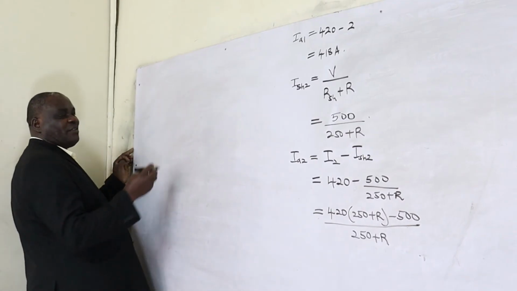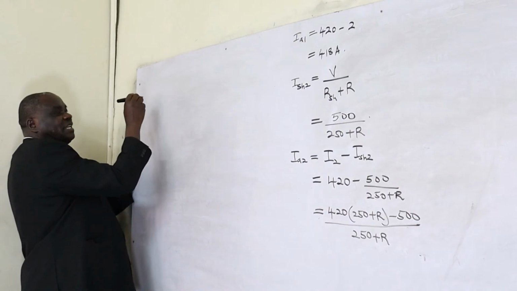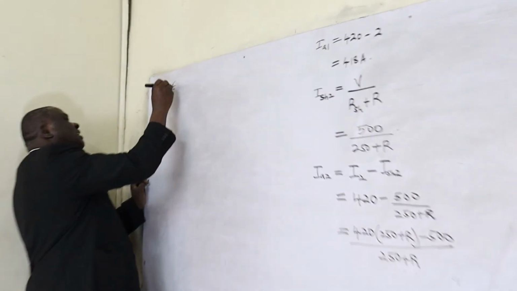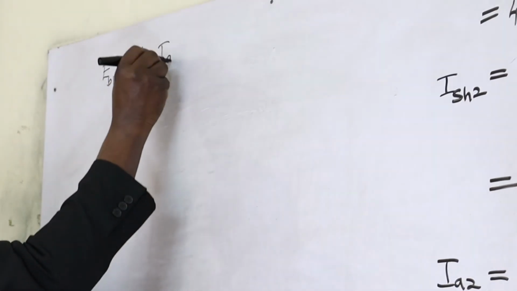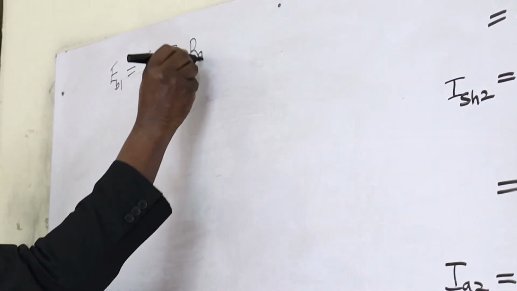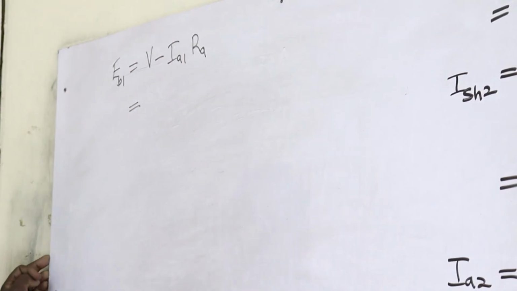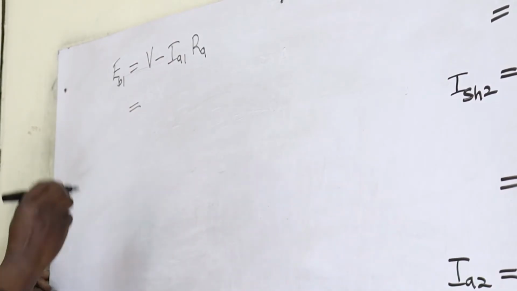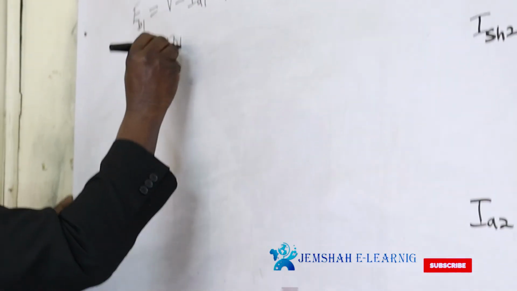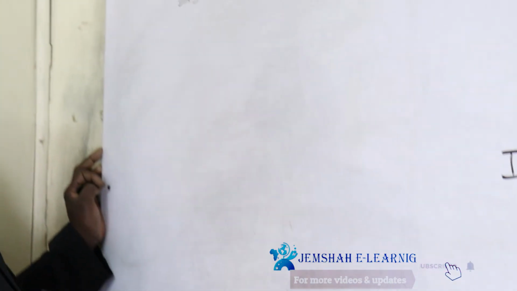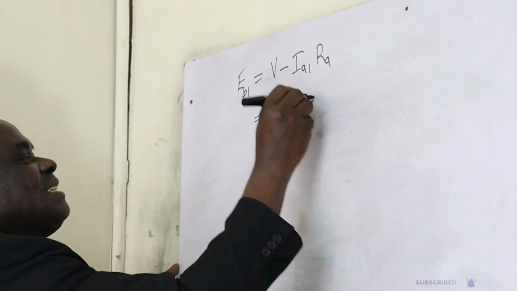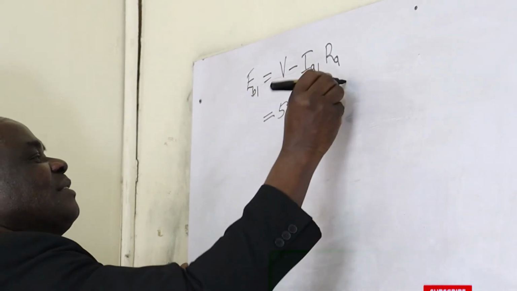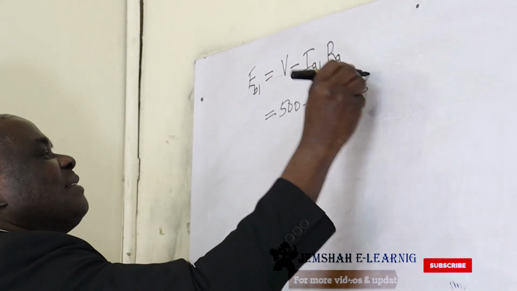So in the speed equation, we need EB1. EB1 is normally V minus IA1 RA, which is equal to V, which was 500, minus our IA1, which was 418, multiplied with 0.5.